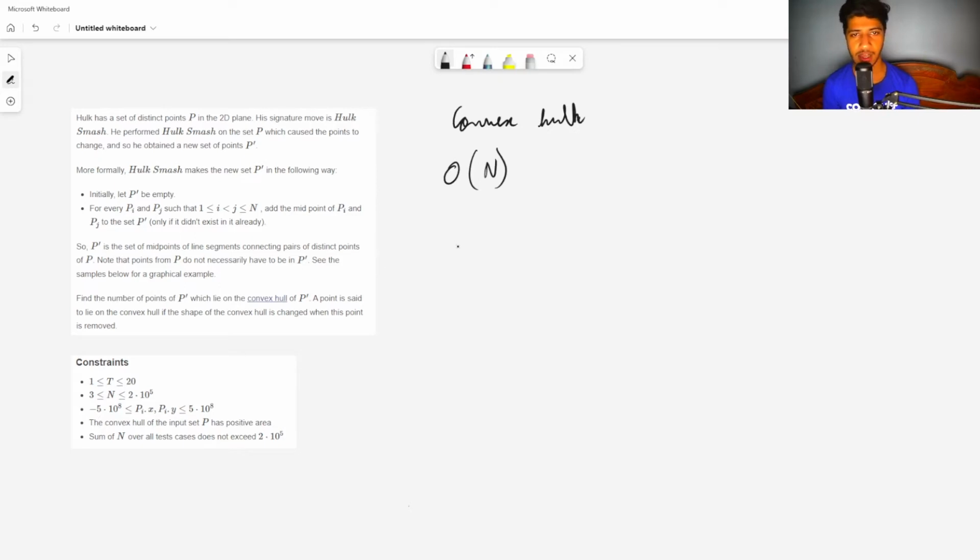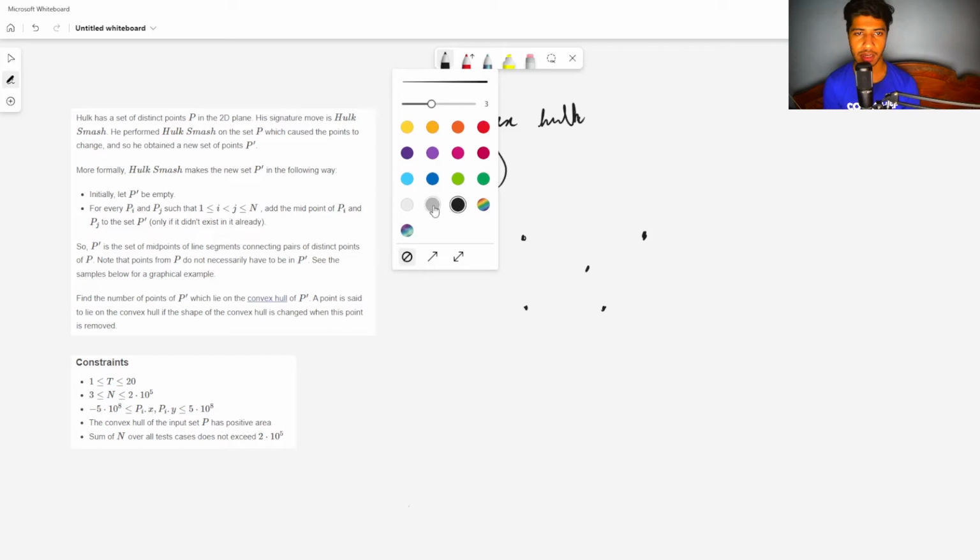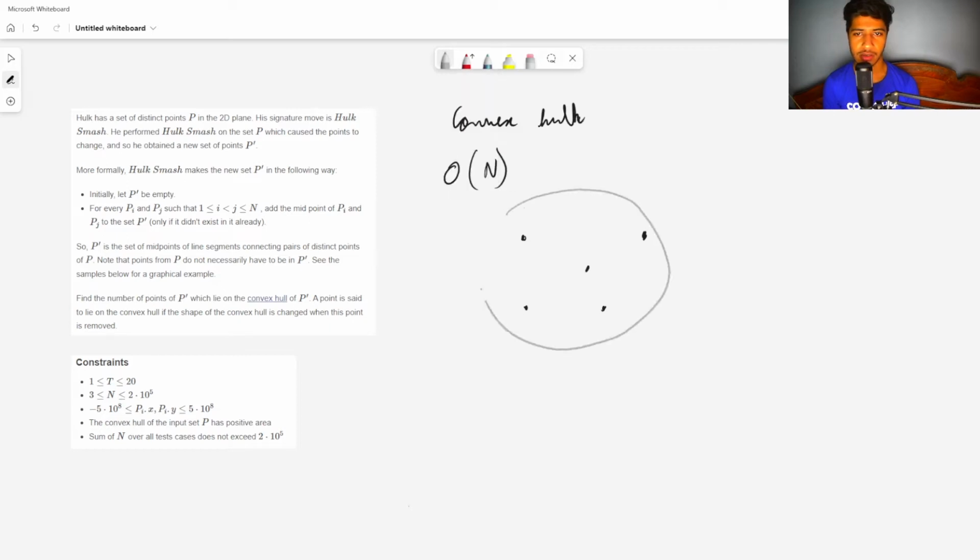For that, I'll briefly explain what a convex hull means. Let's say you have a set of points like this. Convex hull means, suppose you had a rubber band, and the black points are the set of points that you have. Imagine this gray thing as a rubber band.